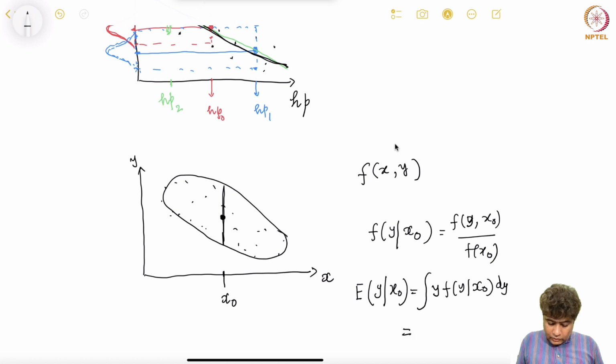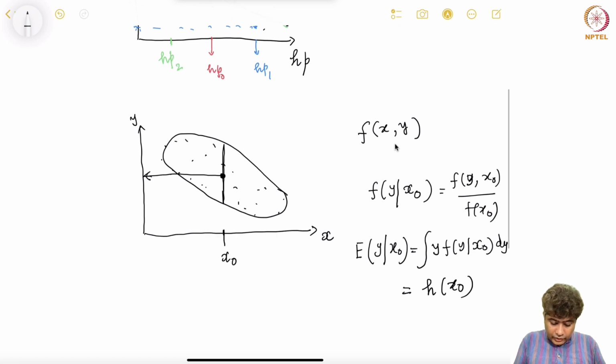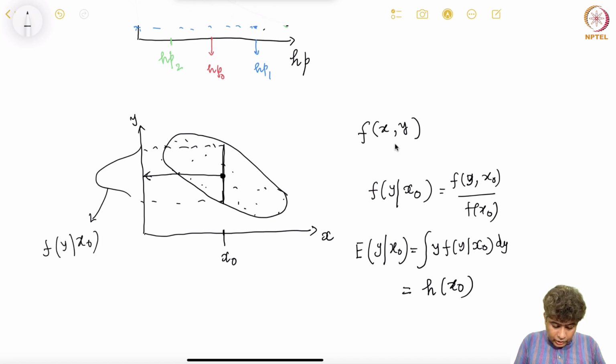This will definitely be some function of x naught, because this is my f of y given x naught distribution, and this expected value is my expected y given x naught.